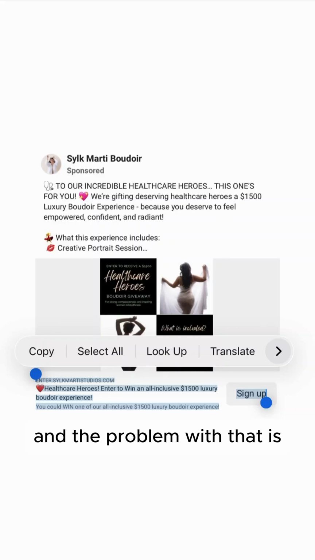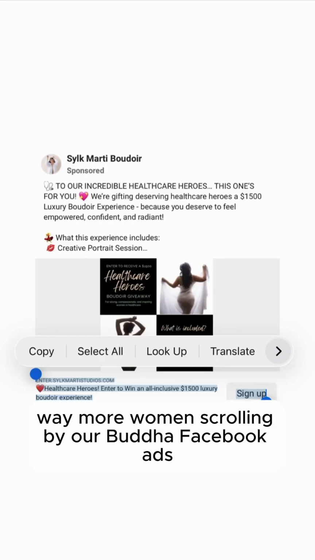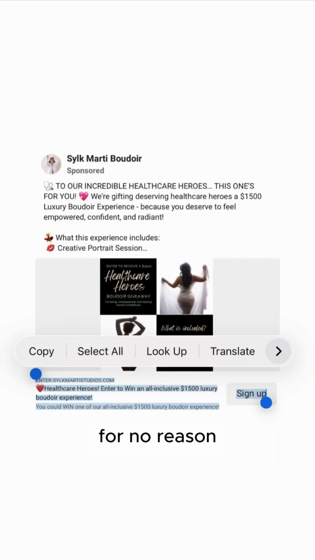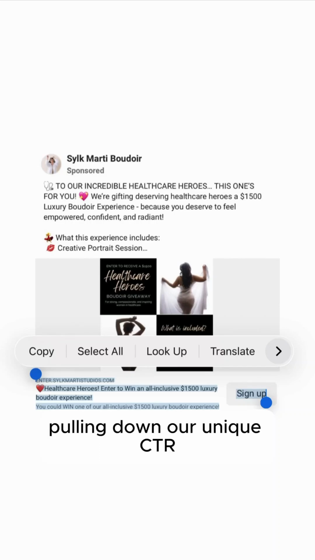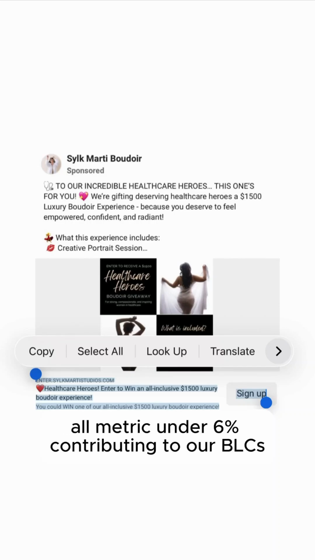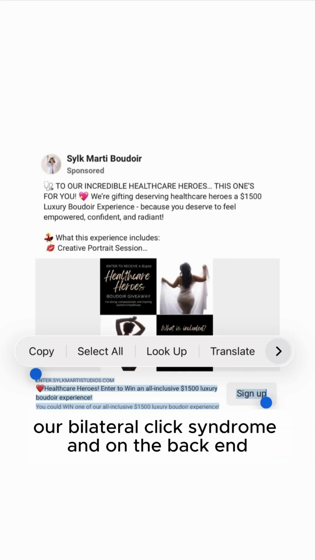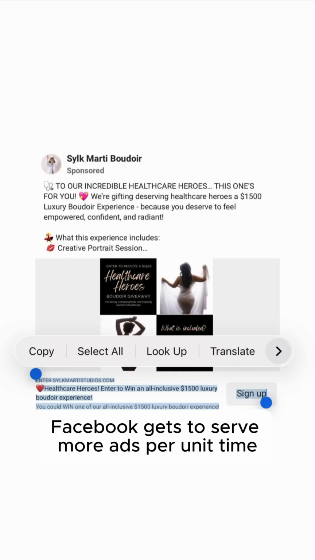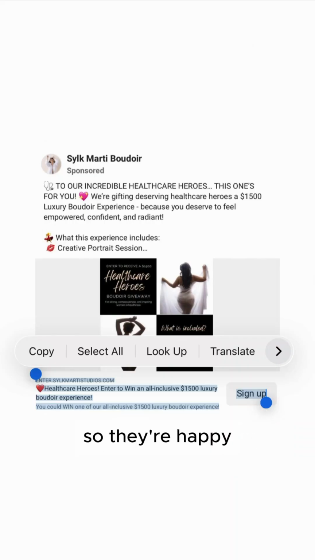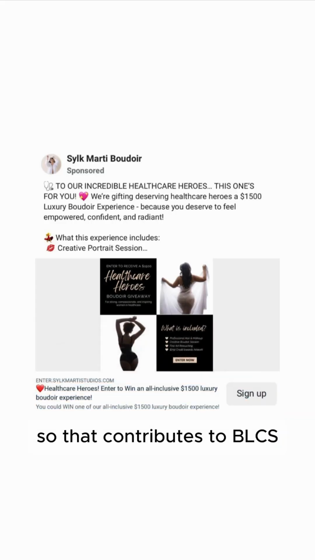And the problem with that is the consequences it causes, which is way, way, way more women scrolling by our Boudoir Facebook ads for no reason, pulling down our unique CTRL metric under 6%, contributing to our BLCS, our Boudoir low click syndrome. And on the back end, Facebook gets to serve more ads per unit time, so they're happy. And we got fleeced. So that contributes to BLCS.